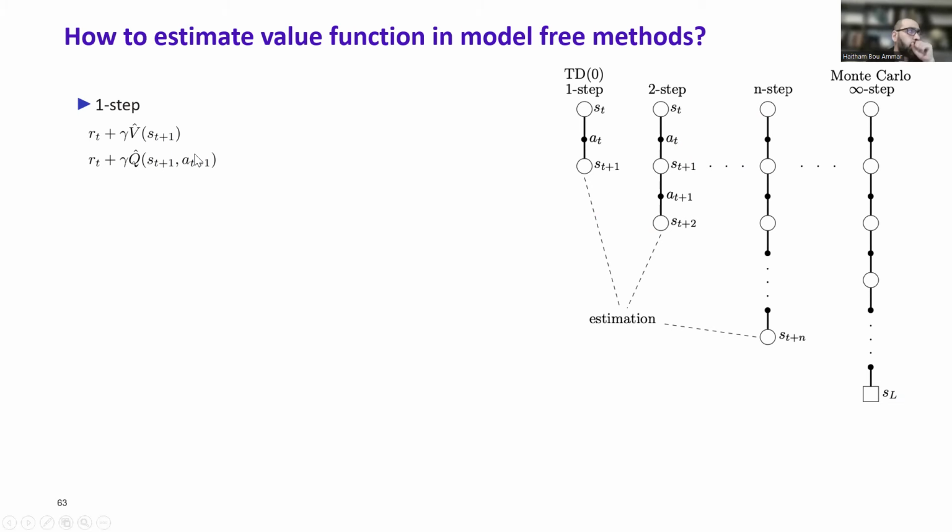When it comes to one-step methods, we estimate the value function just based on the instantaneous reward plus gamma times the estimate of the V or the estimate of the Q only on the successor state. So if we are at S_t and then we went to S_{t+1}, we are going to estimate the value simply by R_t plus gamma times Q of S_{t+1}, A_{t+1}, as we were doing here.